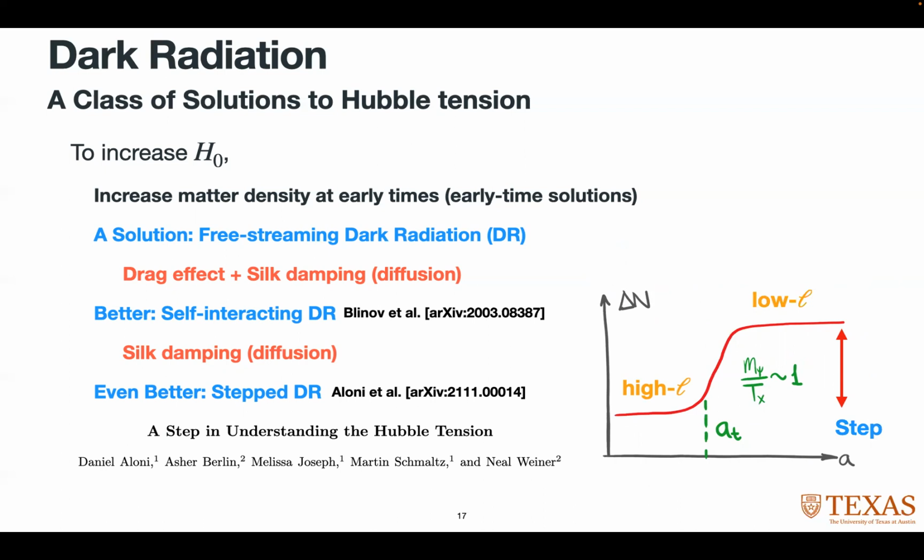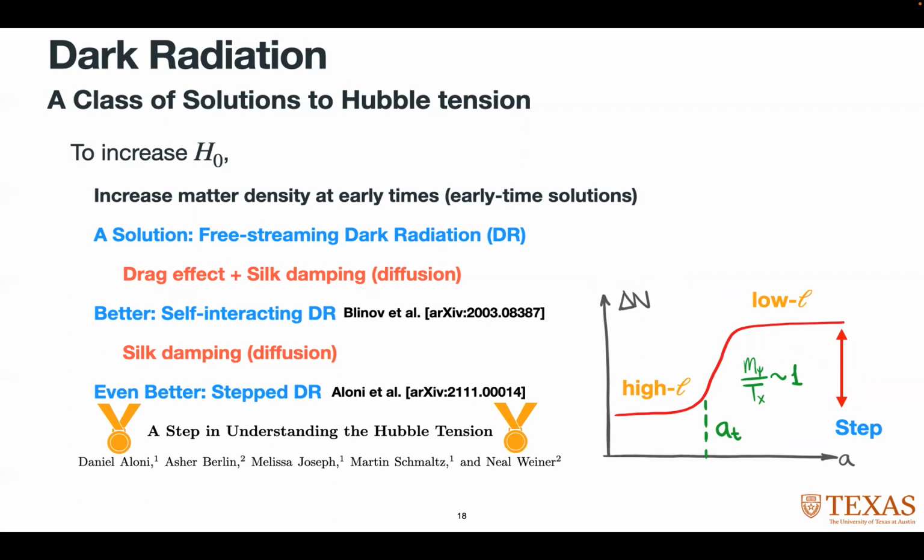However, the high L modes, which suffer from Silk damping, have less damping because of this step. And in this paper, the authors claim that they got a gold medal in the so-called Hubble tension Olympics. So this model is actually constrained by Planck data.